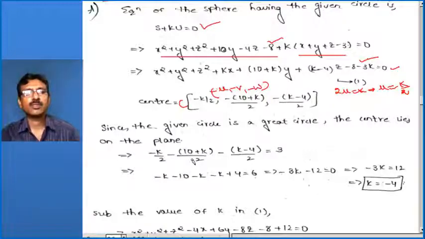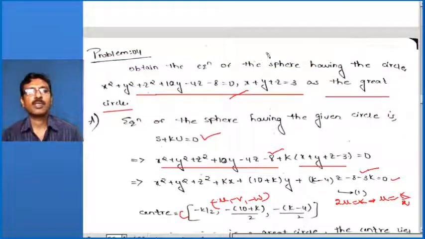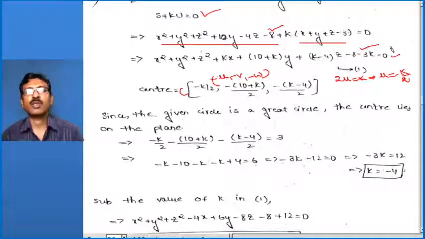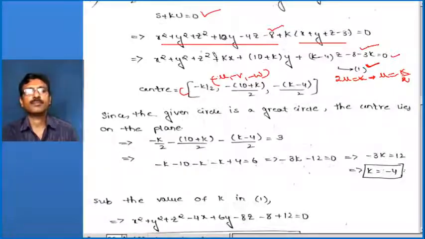And observe that the given circle is a great circle to the sphere, equation 1. So the circle is a great circle, therefore the center of the sphere should be on the plane.